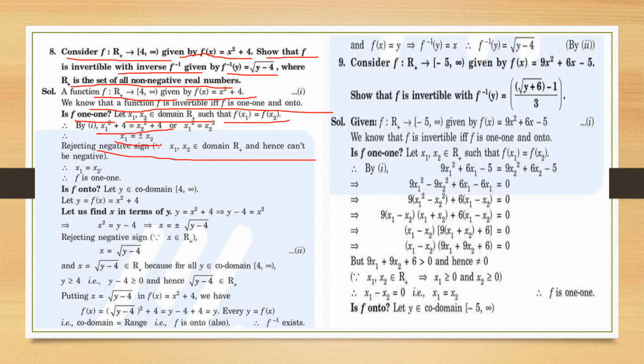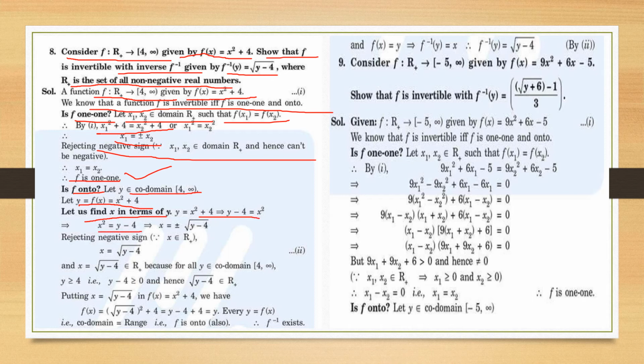So I get x1 equal to x2, so f is 1-1. And we did earlier questions also in which, if it is the set of all real numbers, then it will not be 1-1. Now let us check the ontoness. So let y belong to the codomain, 4 to infinity, then y is equal to fx, which is x square plus 4. Now you have to express x in terms of y. So I'll get y minus 4 equal to x square.